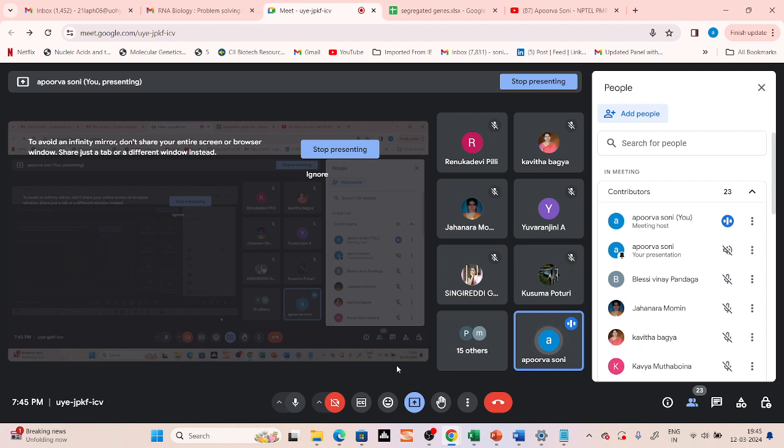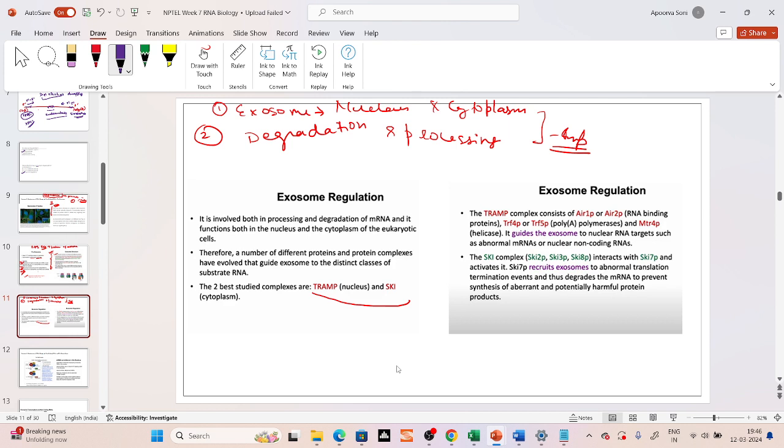So translation will also occur and ribosomes will in a way protect the mRNA also. So what I'm trying to say is that because the environment of the nucleus and cytoplasm is different, the exosome complexes required in the nucleus and cytoplasm will also be different.